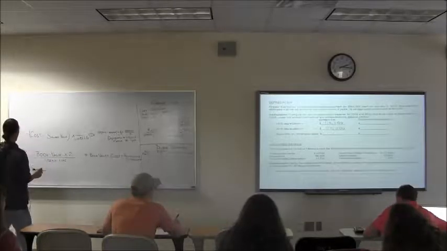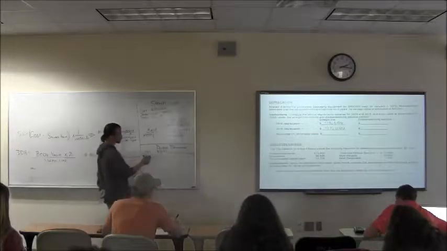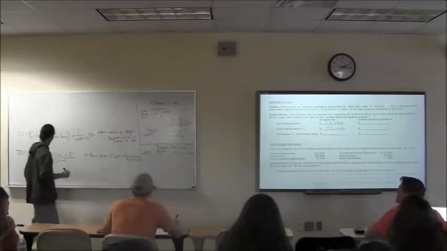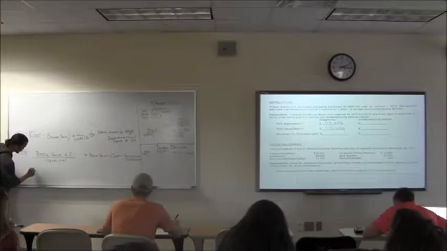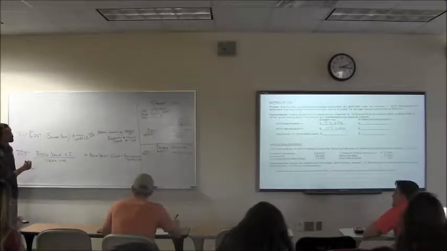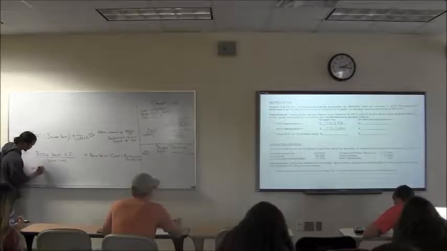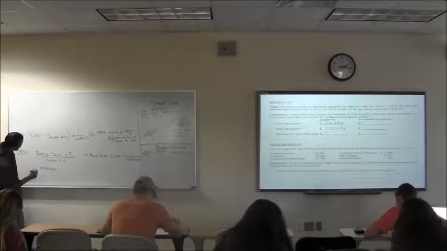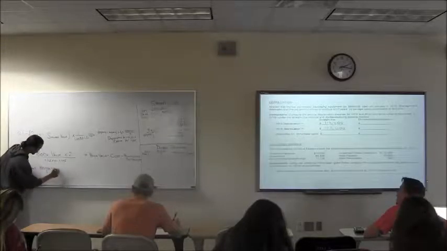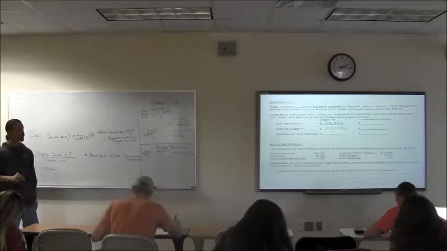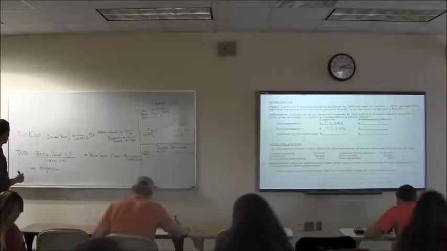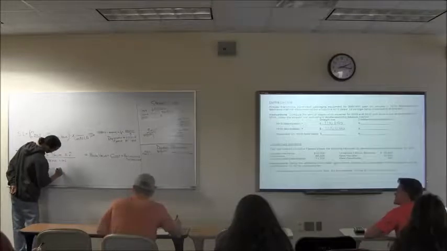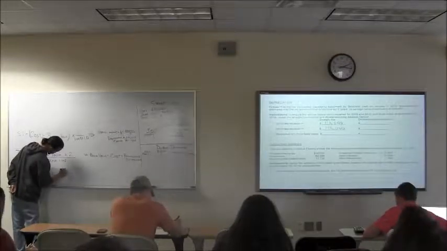So this is 2015. Book value, 600,000, times 2 divided by 5. 600,000 times 2 divided by 5 comes out to be how much? 240,000.